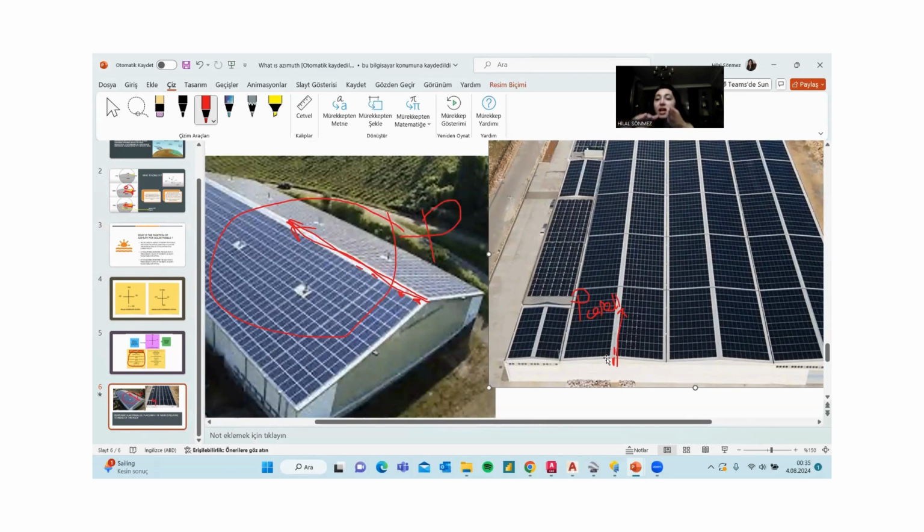We will just place our panels parallel to the ridge of the roof. There is no addition or subtraction of 90 degrees for that situation.